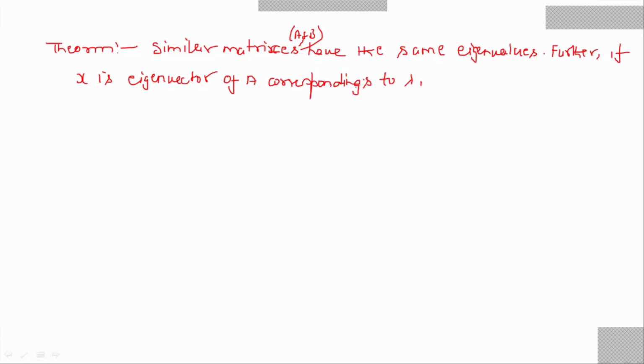We wrote above that similar matrices have the same eigenvalues. But what about the eigenvectors? If X is the eigenvector of A corresponding to lambda, then what about the eigenvectors of the B matrix corresponding to the same eigenvalue lambda?